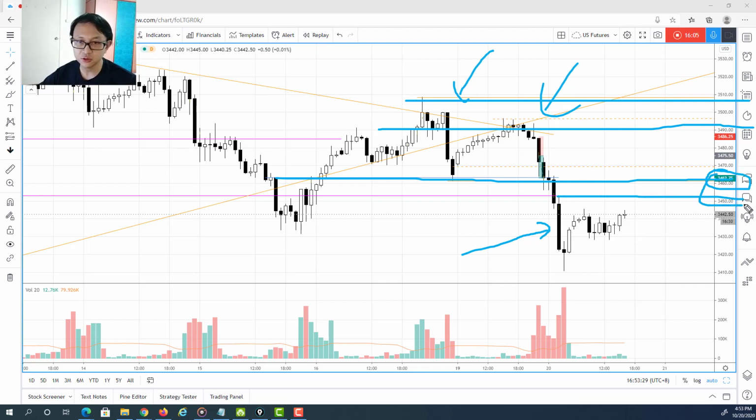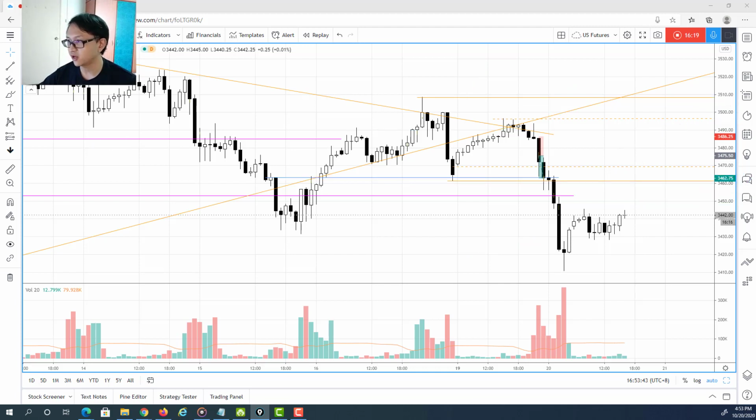So 3450 to 3460, I would say, should be the first level to overcome in order to test the 3500 level. So if we can overcome these two levels, then we still have a chance to see the S&P 500 get back to the bullish mode and to test the all-time high level.